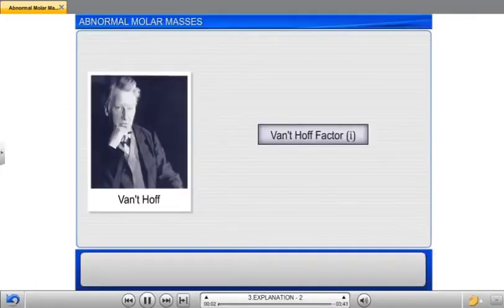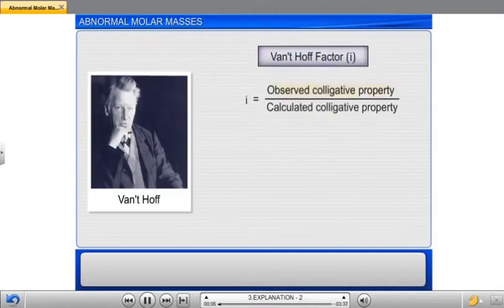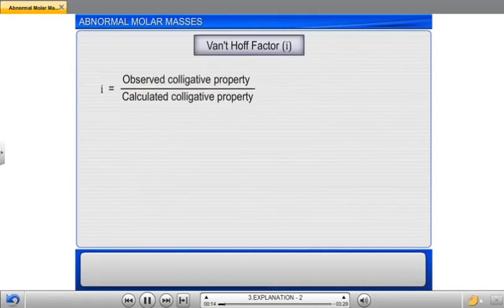Quantitatively, van 't Hoff's factor i is defined as the ratio of the observed colligative property to the calculated colligative property. Thus, the expression for i can be written as i equals the observed colligative property divided by the calculated colligative property.